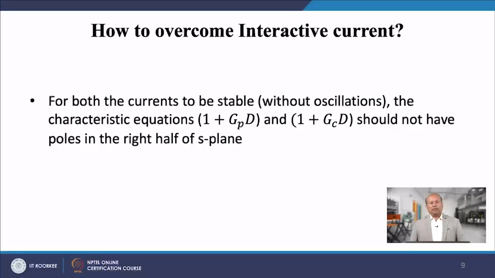A simple solution to overcome the interactive current is to make sure that the characteristic equations of the transfer functions of interactive and common currents will not have any poles in the right half of the S plane under varying grid impedance conditions.